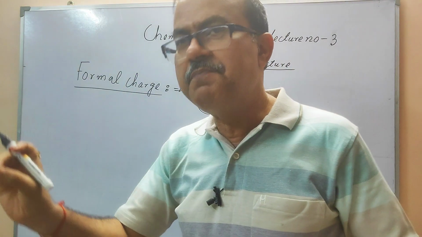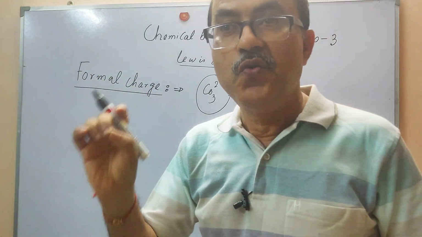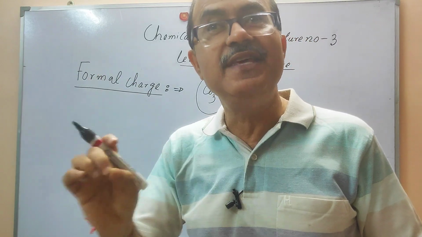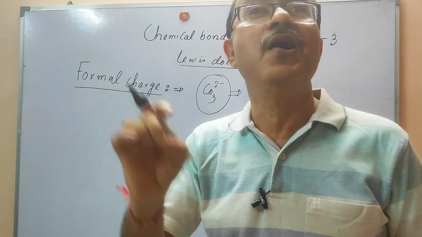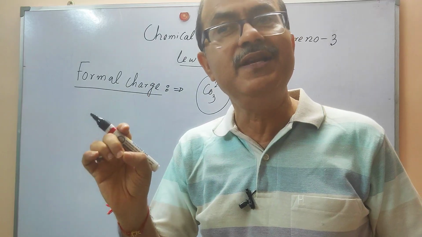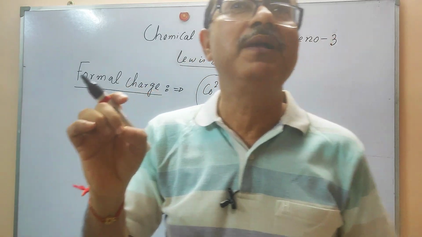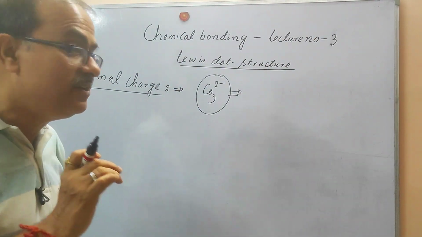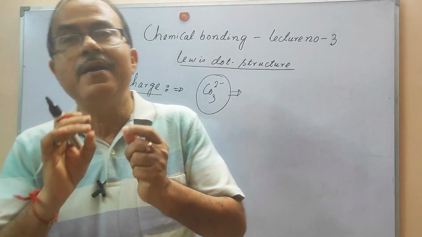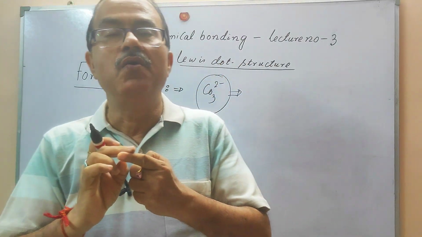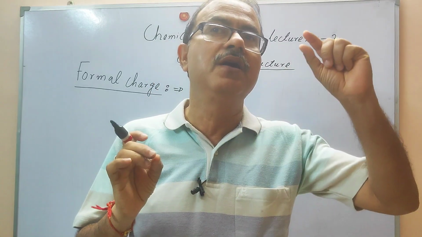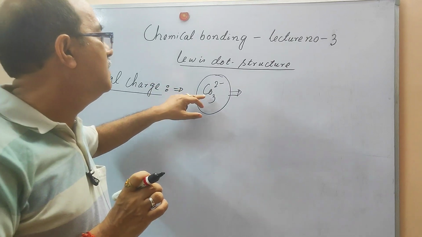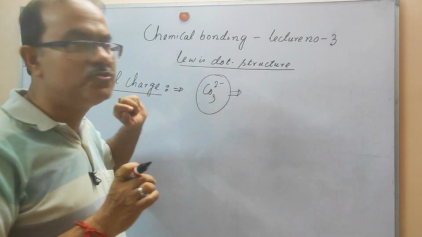But for practical purposes, we can assign some formal charges to the atoms of the ions or molecules. How can you do this, and how is formal charge defined? The formal charge is basically the difference between the valence electrons when the atom is in the free state, suppose carbon, we want to know the formal charge of the carbon.